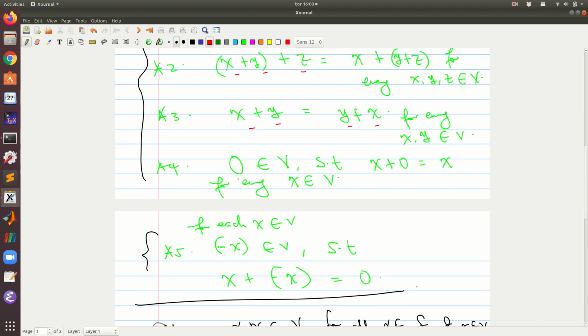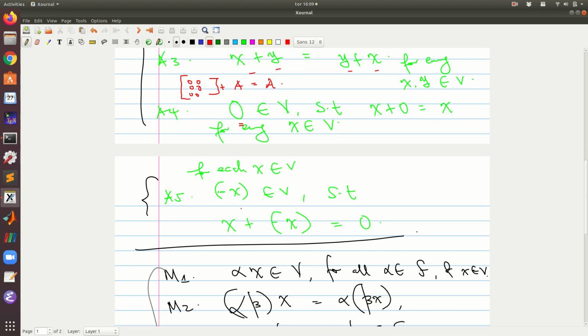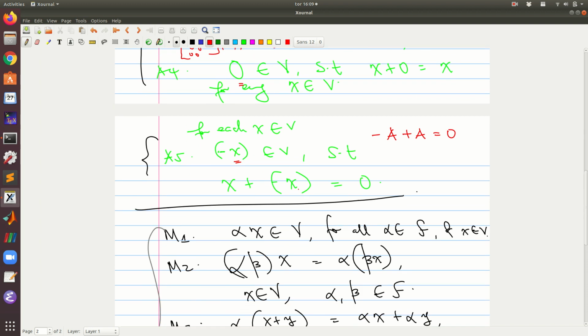There exists the zero matrix, the matrix full of zeros, such that you can add it to the matrix which we have, and then we get the same matrix. And there also exists the additive inverse, in other words, the matrix of negatives which you can add to the matrix itself, because negative a plus a will give us the zero matrix.